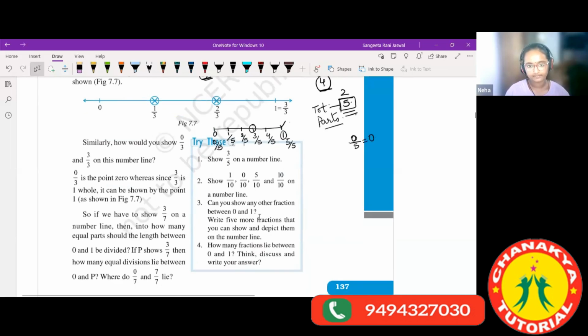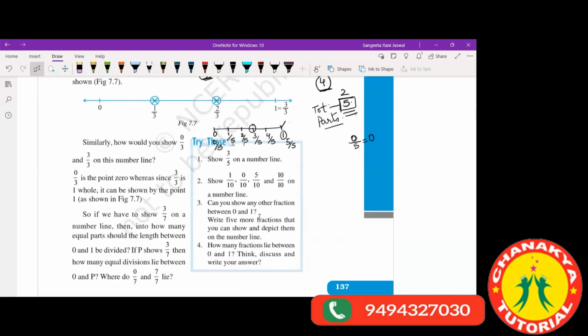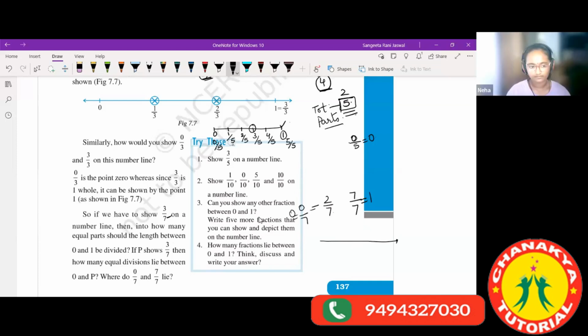Suppose I give you a number, say, 7. Now I tell you to find where 2 by 7 is on the number line. 7 by 7 is 1, and 0 by 7 will be 0.